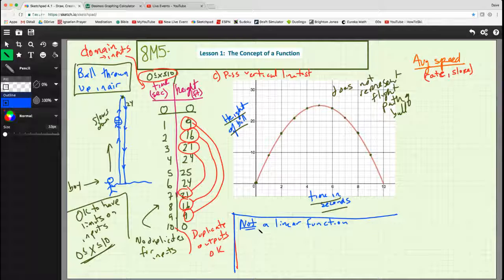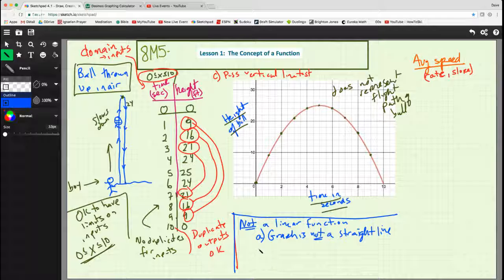And why not? It is not a linear function, A, because the graph is not a straight line.